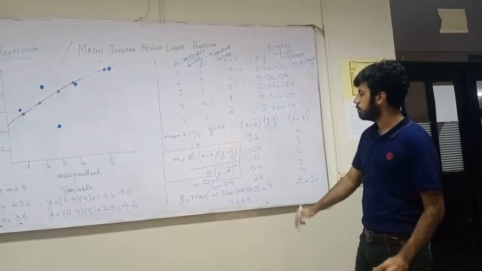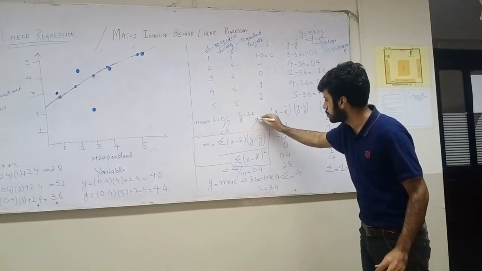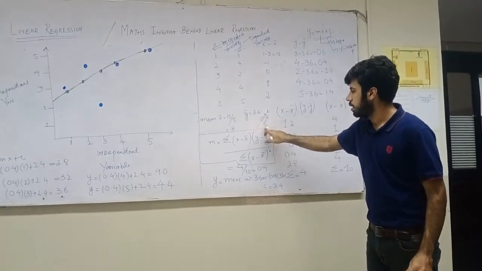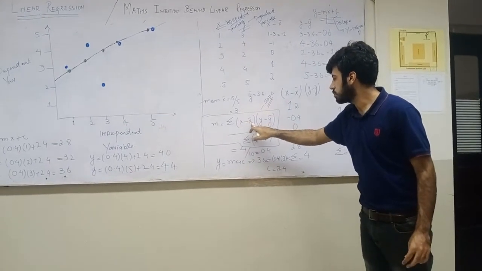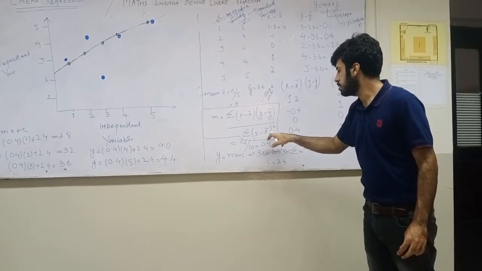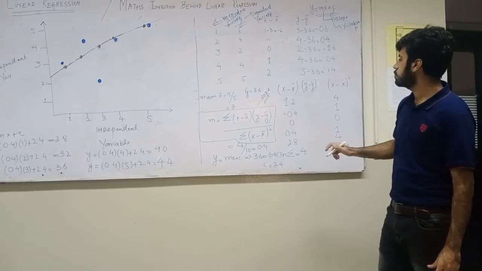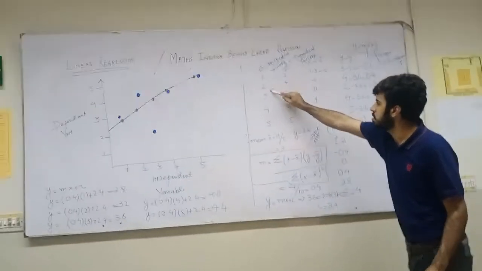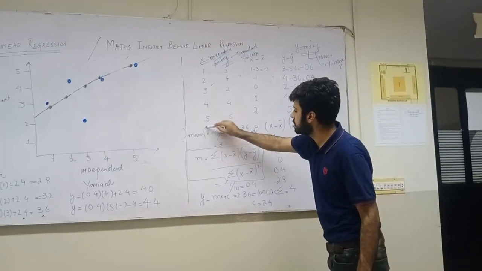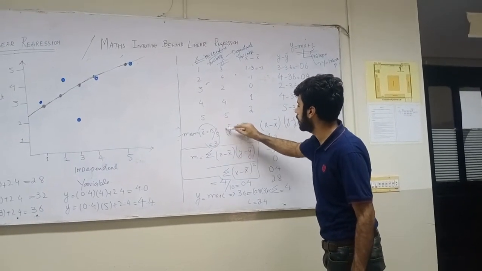As we know, the formula for the slope is given here: the summation of (x minus x mean)(y minus y mean), divided by the summation of (x minus x mean) squared. These are the values of x, these are the values of y. I found the mean value of x is 3 and the mean value of y is 3.6.